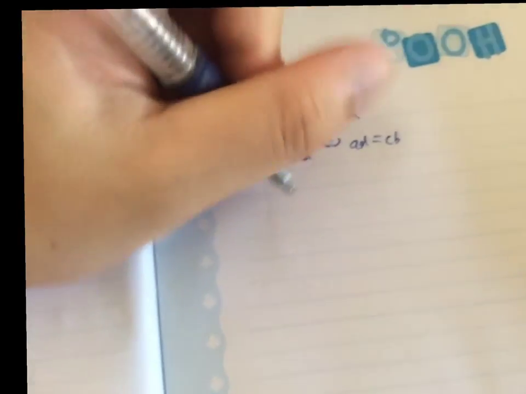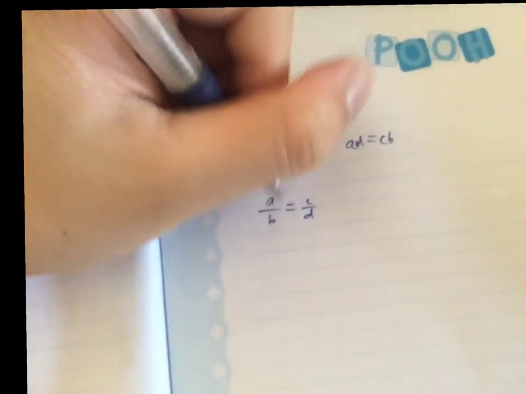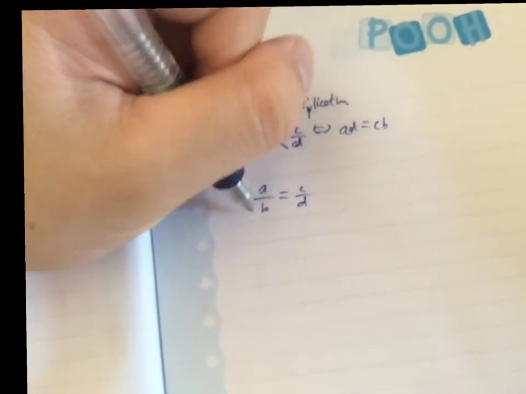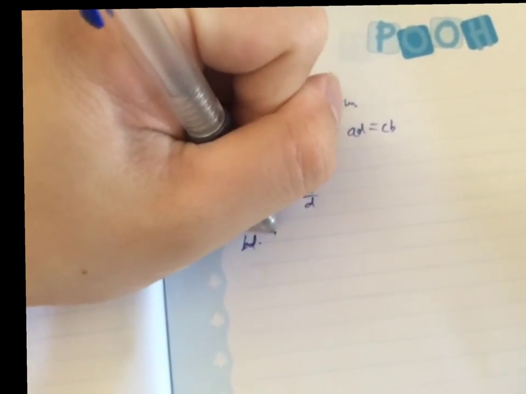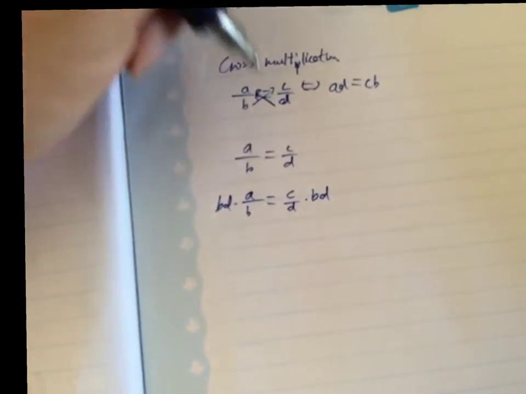Why is it? Because when you have A over B equal to C over D, you want to remove the fraction, you multiply BD to both sides, and you cancel B, so it will be AD. You cancel D, it will be CB.